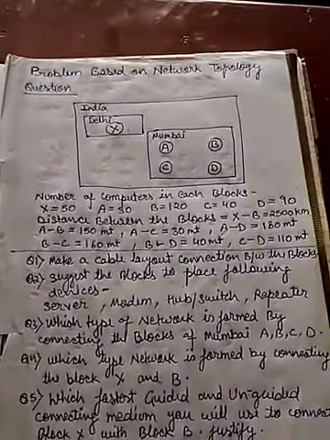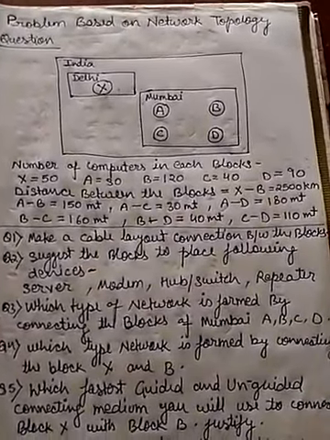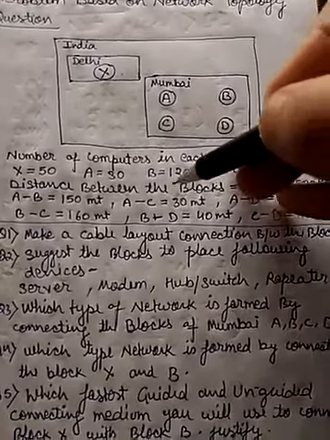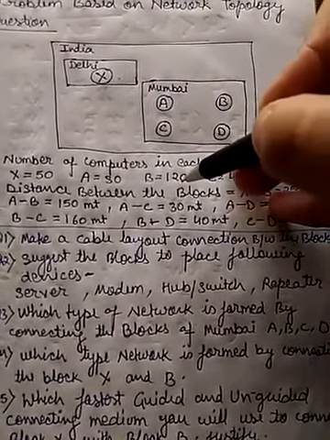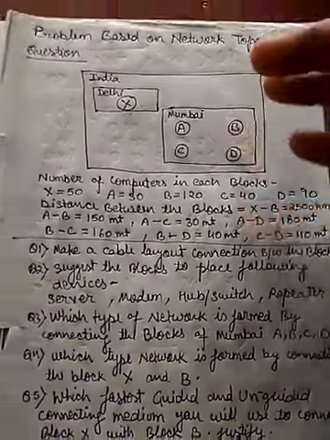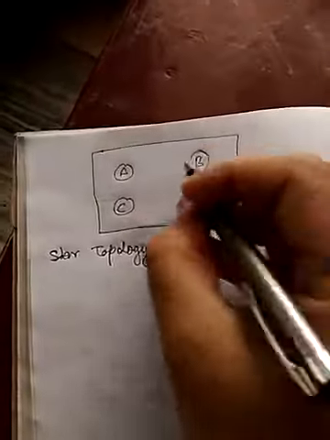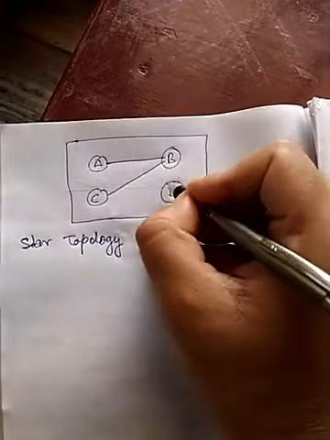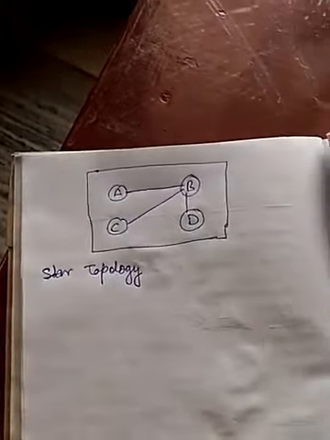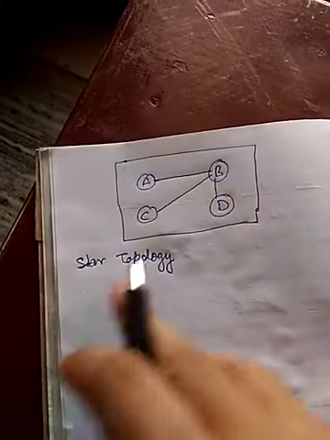In star topology, all the computers are directly connected with the server. Hence, block B is having the maximum number of computers, so the server is placed here. So simply connect all the blocks with the block B in this way. So it makes the star topology.